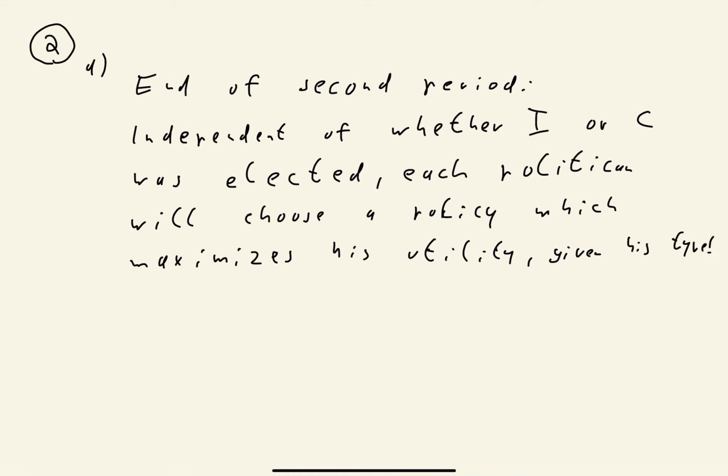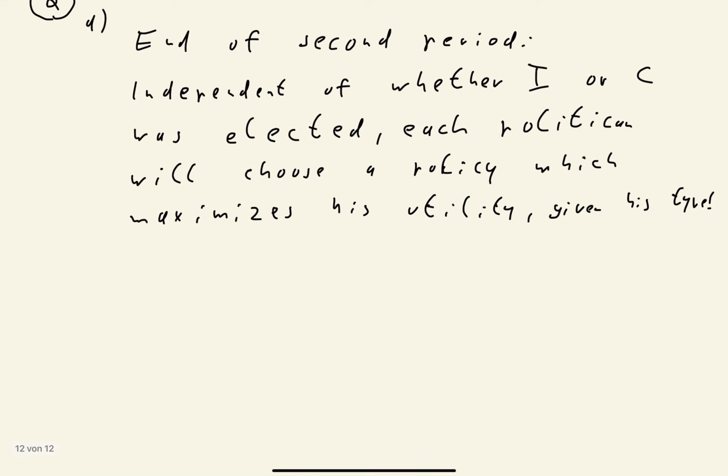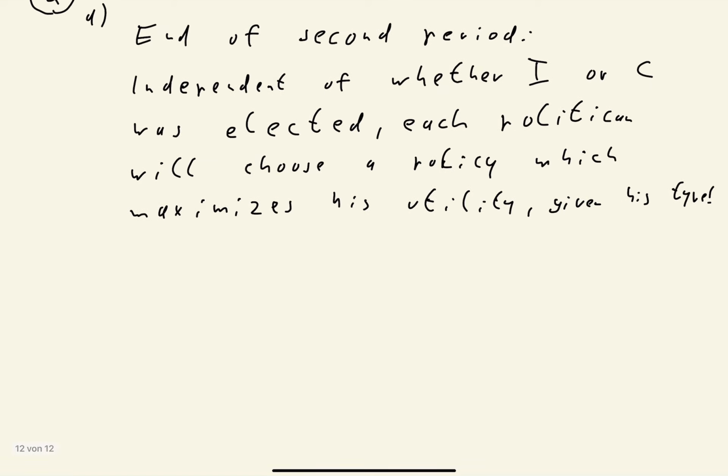Okay, so in particular, it means that independent of whether it's the incumbent or the challenger, if the politician is congruent, he will choose policy A. If the politician is dissonant, he will choose policy B. So this already finishes the analysis of the behavior of the challenger, because the challenger can only do an action if he gets elected in the second period.